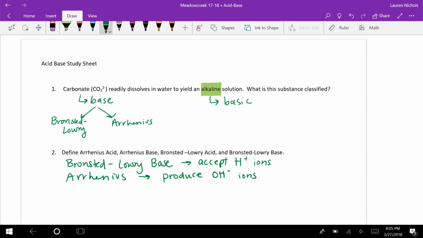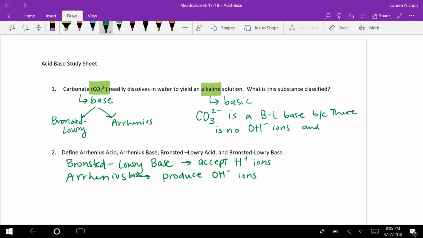Now an Arrhenius base can also be a Bronsted-Lowry base, but not the other way around. So when we look, we notice that Arrhenius bases produce OH, and when you look at carbonate, CO3 2-, there's no OH. So our answer here is CO3 2- is a Bronsted-Lowry base because there are no OH- ions.